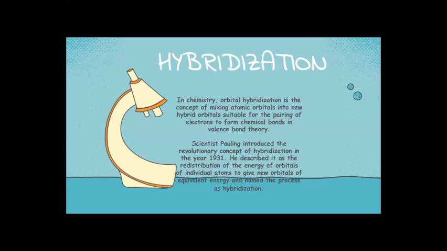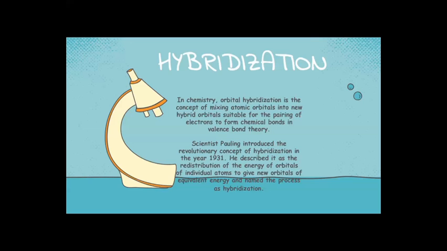So in hybridization, the nearly same energy levels change into exactly the same energy levels. When the new hybrid orbitals are formed, they are formed with the same energy levels, and therefore the electrons form chemical bonds in the valence bond.